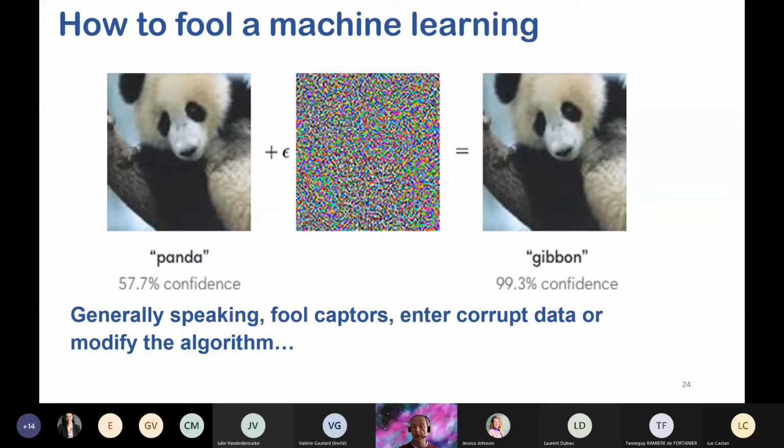For us human beings, it's the same picture. The machine has been fooled. Generally speaking, you can fool captors, you can enter corrupt data, or sometimes enter into the machine and modify the algorithm. So we imagine many possibilities for fooling machines.